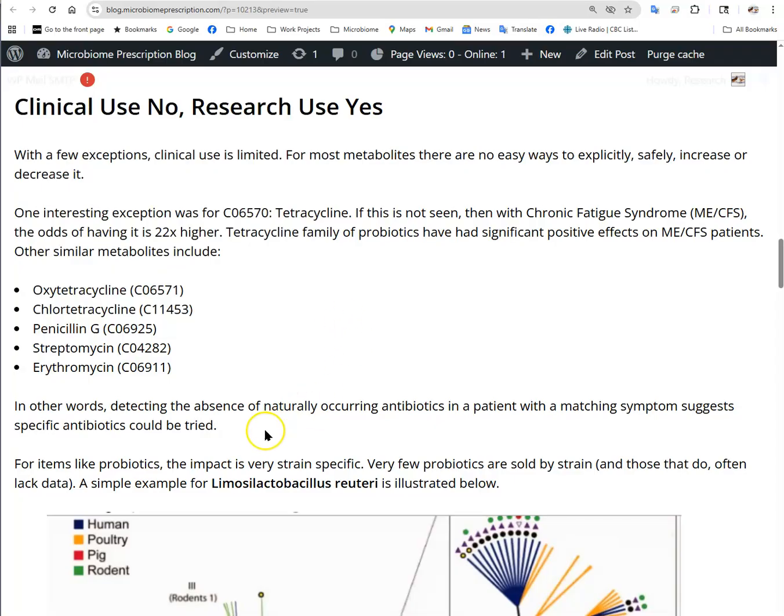In other words, the absence of naturally occurring antibiotics suggests that some specific antibiotics could be tried, and ideally you want to work with antibiotics which are in the metabolites, the KEGG database, which are available, because that gives you the best evidence base for giving a trial for it.